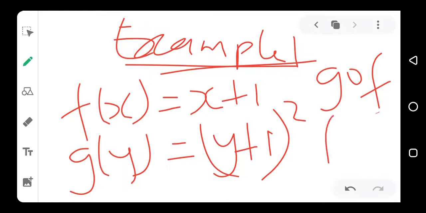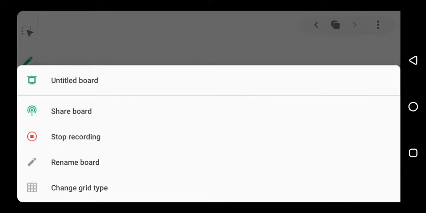We can be asked to find f in respect to g or g in respect to f. Now let's solve the first one, g in respect to f, that is g of f.